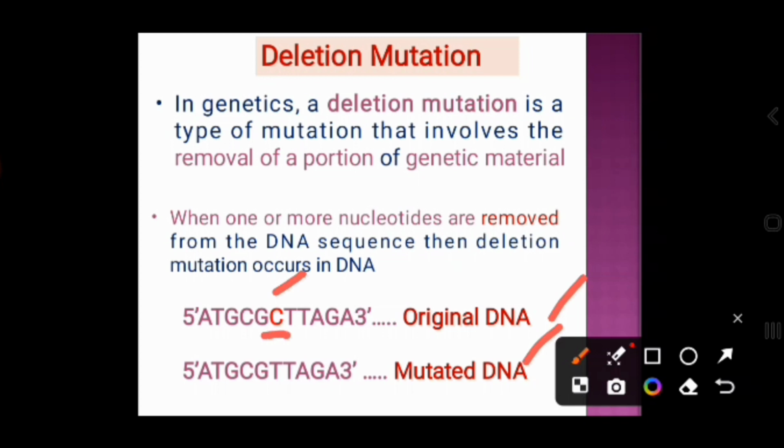It is the 1, 2, 3, 4, 5, 6, the 6th nucleotide, cytosine, is deleted from the original DNA, and as a result the mutated version will be ATGCGTTAGA 3'.